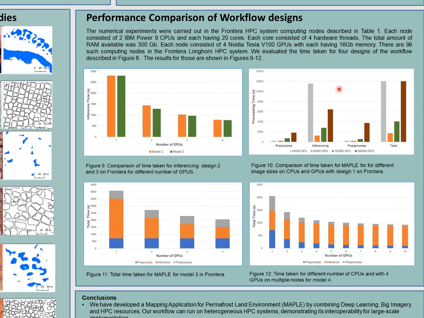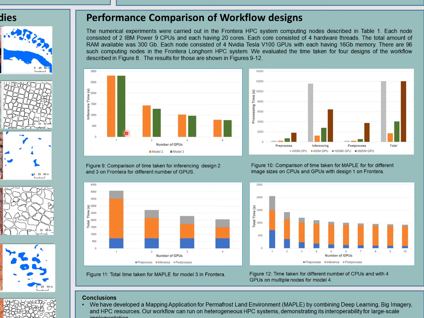When you compare the inferencing results, you can see GPU is performing far better than the CPU. And when you take the total time, you can see that the time for CPU for 400 million pixels and the time for GPU for the 3.6 billion pixel image, which is 9 times larger, are similar. So you can see that by using GPUs, you can get better results for ice-wedge polygon mapping.